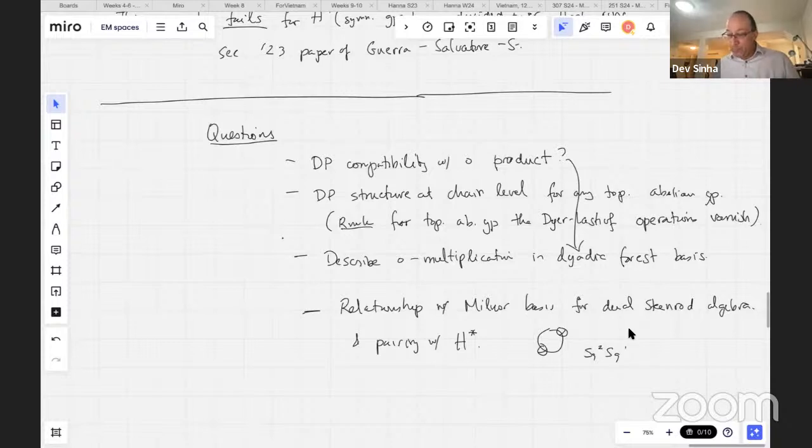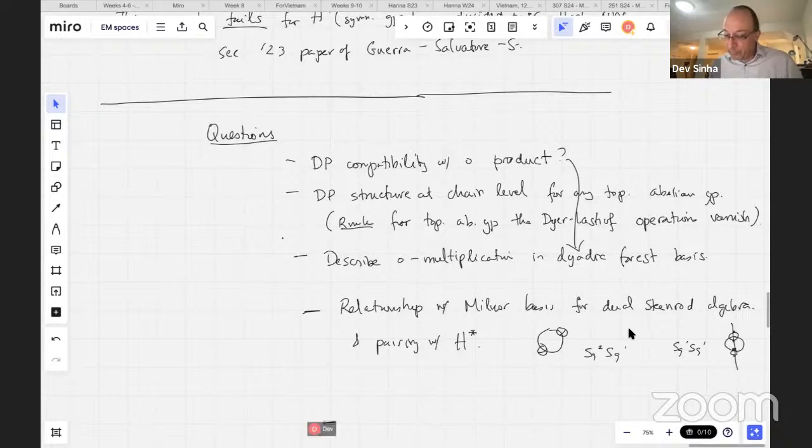And so we'd want to understand these classes pairing with, for example, square one, which is a picture like this. In exactly one spot do you have 4 points which line up. So there's an interesting pairing to work out there.